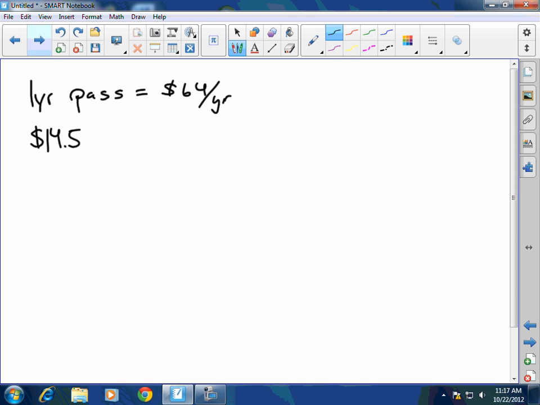But plus, isn't there a $5 parking? It says parking is normally $5 without a season pass. So if you're going to the water park, it's $14.50 plus $5, is it not? So it's really $19.50 each visit if one person is going, right?